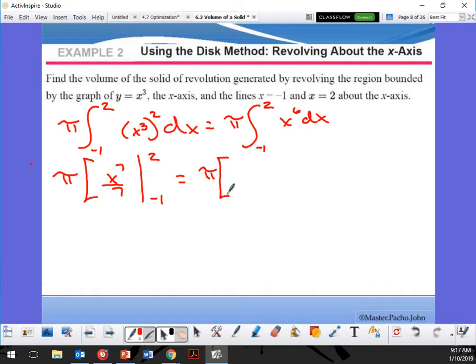I was almost there. I know 2 to the 5th is 32. 64, 128? Yeah, so it's 128 over 7 minus a negative 1 over 7.